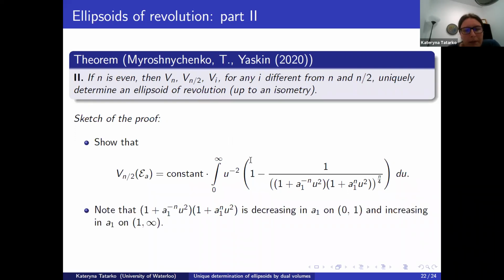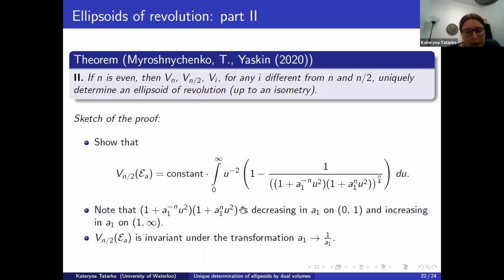The first observation is, if I check the denominator here, this is decreasing and increasing in terms of parameter a1: decreasing on the interval from 0 to 1, and increasing on the interval from 1 to infinity, for any non-negative u. Which will imply that the entire function V_{n/2} will also be decreasing and increasing on the corresponding intervals.